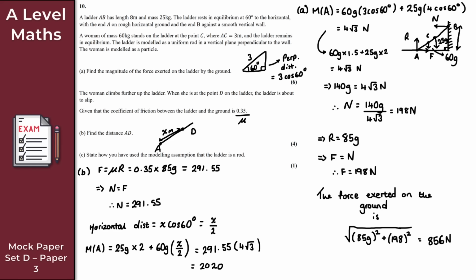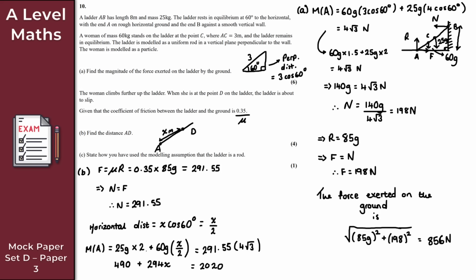So what else do we have? 25g times 2, that's obviously 50g, which is 490. And then 60g times x over 2, that's the same as 30gx, which is 294x. So plus 294x there.